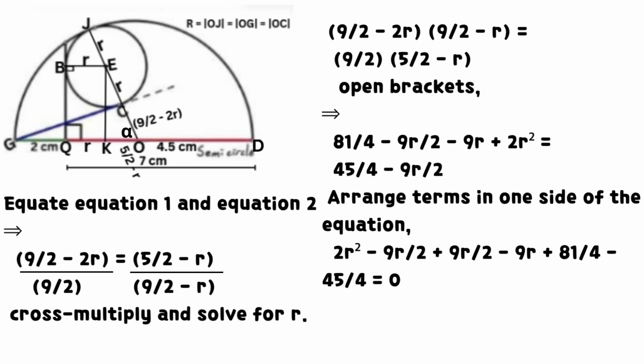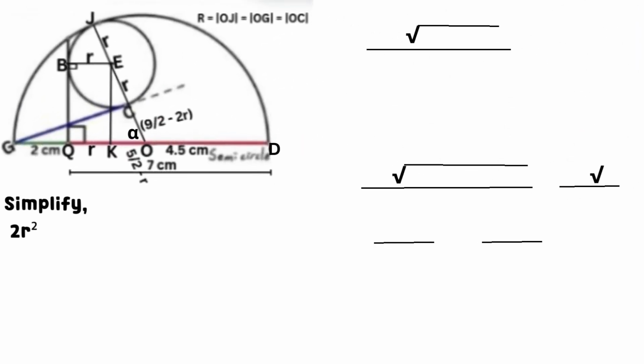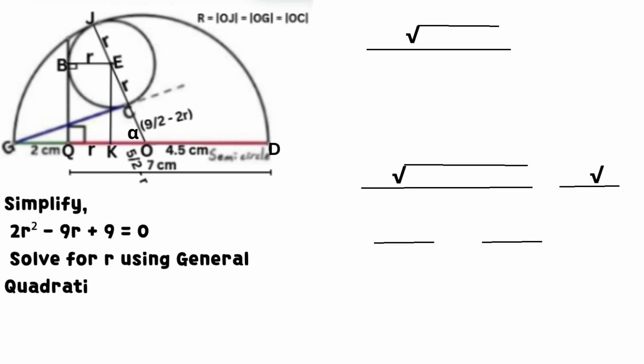Hence, we obtained a new quadratic equation in terms of r, as shown on the screen. Simplify and we have that 2 times the square of r minus r times 9 plus 9 equals 0.